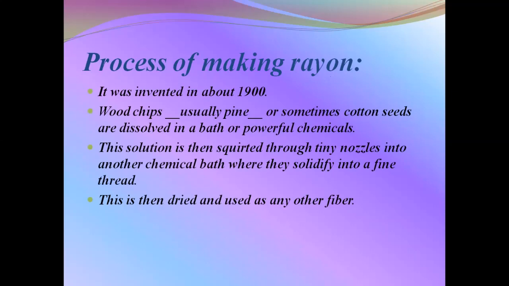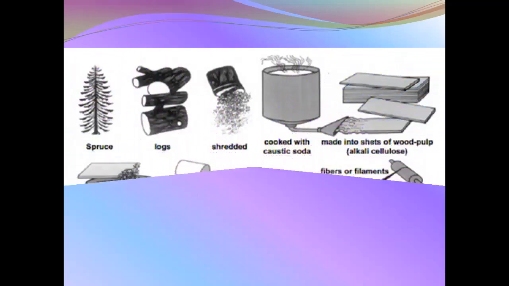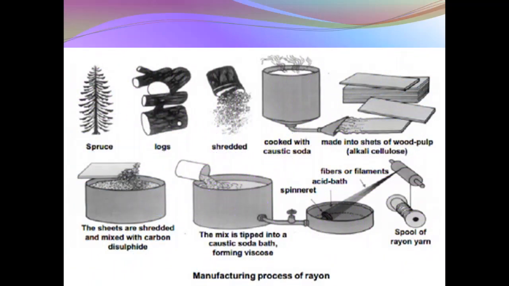After that, it is dyed and used like any other fiber. This is the process of making the rayon. See this picture carefully. This is the manufacturing process of making the rayon, right?